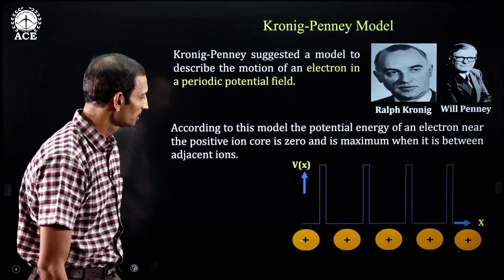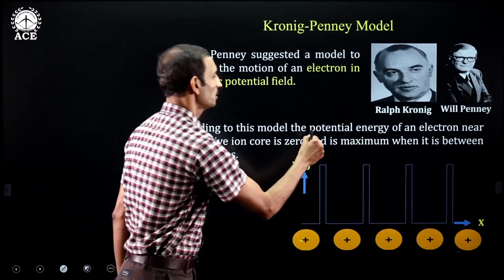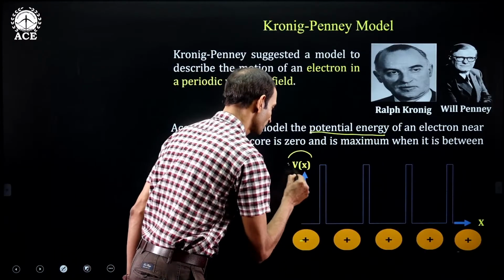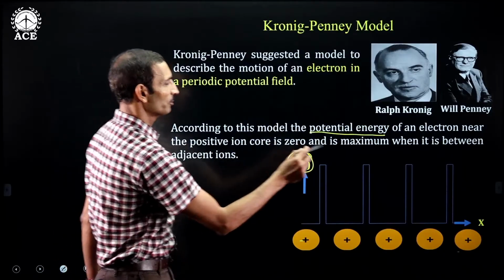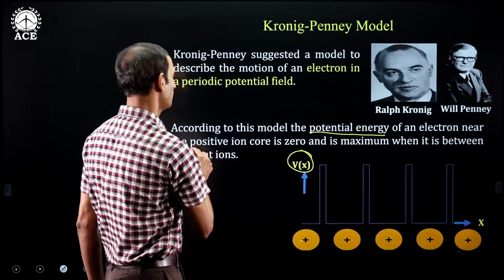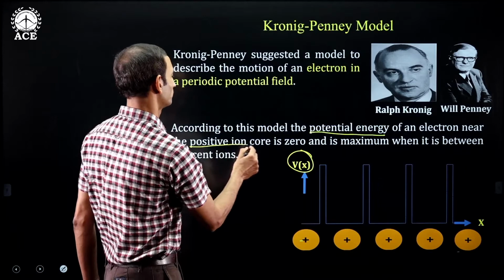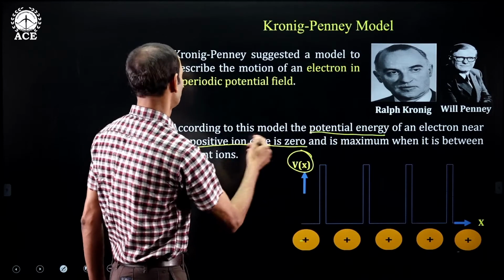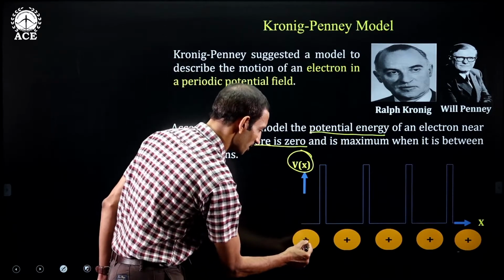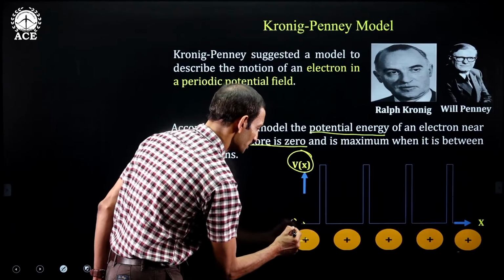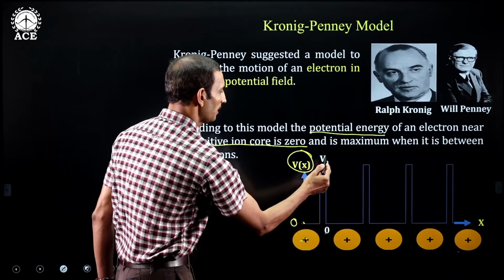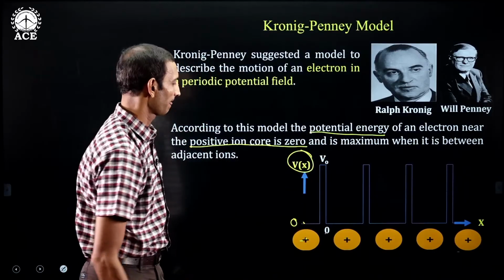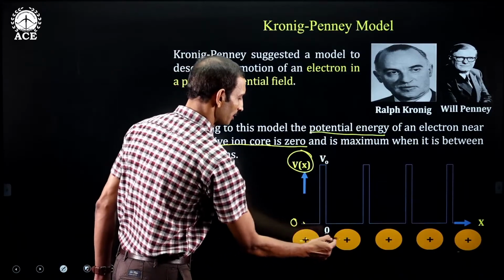According to this model, the potential energy V of x is 0 near the ion core, so this is the ion core. It is 0, this is 0, right? This is the graph. And V0 is the maximum value, and is maximum in between metal ions.